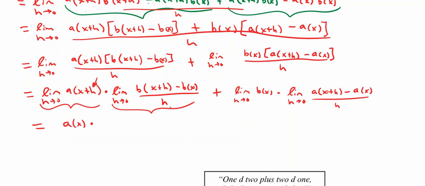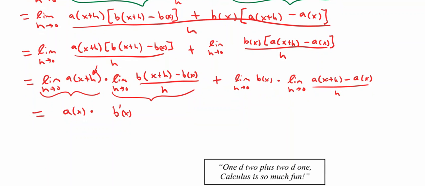Like, how can I figure this one out? But this actually is the same thing as b prime of x, right? That actually is the derivative of b, right? That's the definition of a derivative right there, okay? And then plus, and then moving on to this one, well, there is no h even in this one to take the limit, so this would just be b of x.